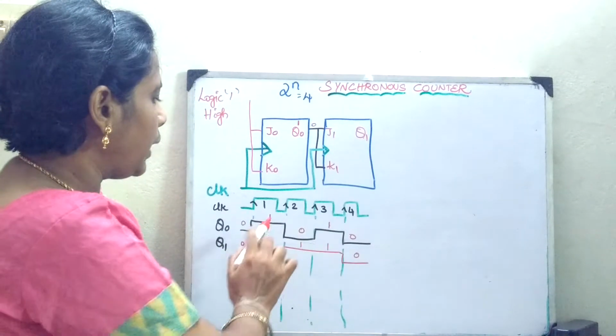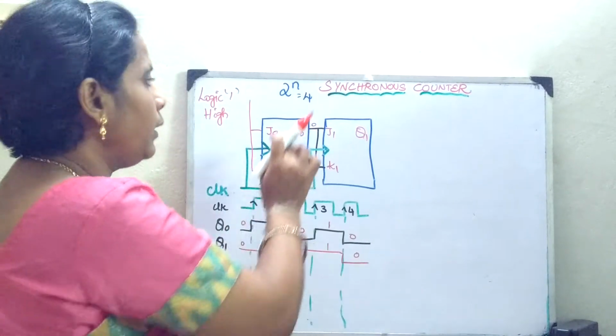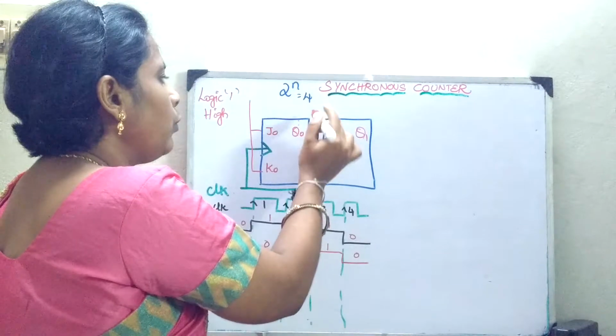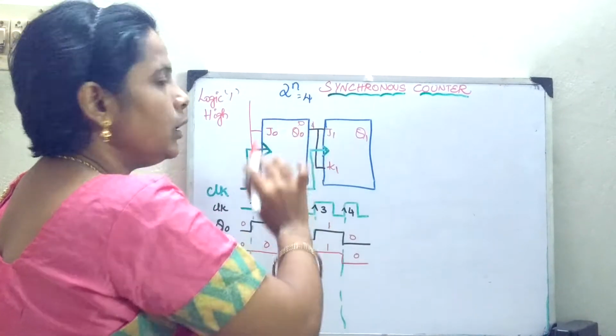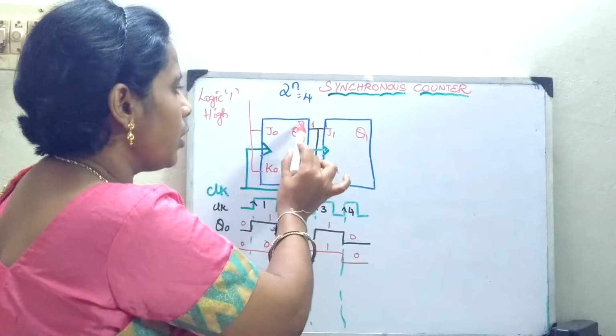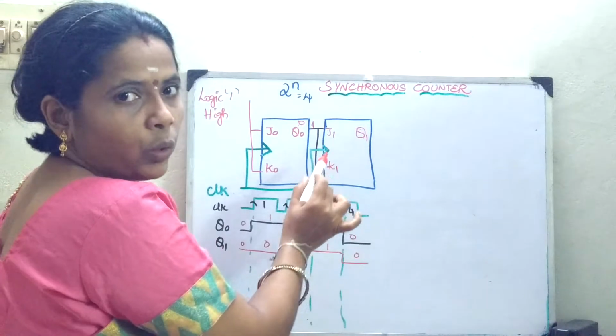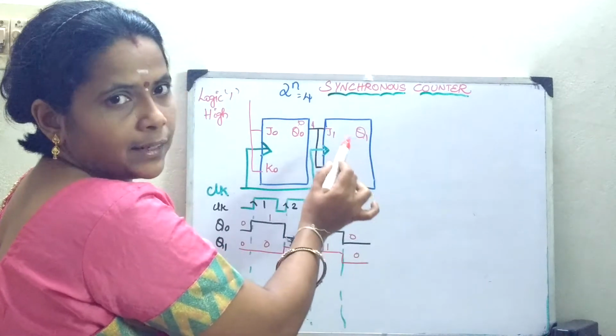Now I apply the next clock pulse. This 1 toggles to 0, and the data stored here, 1, comes to the second flip-flop. Only when 1 comes here will this flip-flop act; it is a toggle condition.